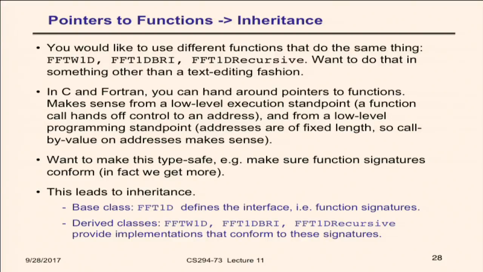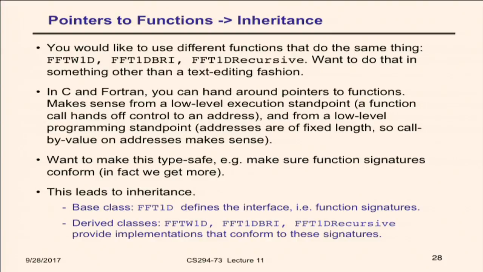So you'd like to be able to, and in this case, for pedagogical reasons, I'm going to want you to try all three of these things in a uniform environment, and not just use text editing. Now, in C and Fortran, it makes sense to hand around pointers to functions. That's what functions are. They're jump to another address.